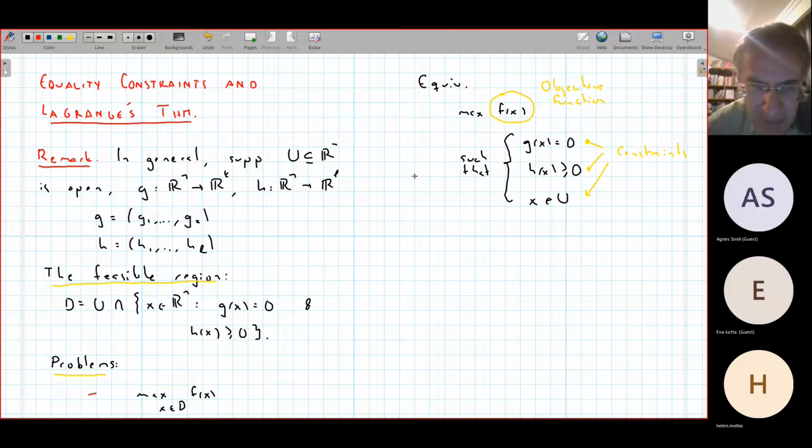Of course, you can also have minimization problems. Alternatively, we would like to solve these kind of problems: minimize the function f of x when x is in D. And this can be rewritten also in equivalent form.